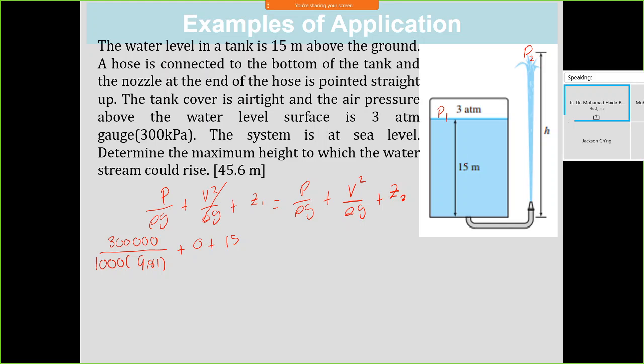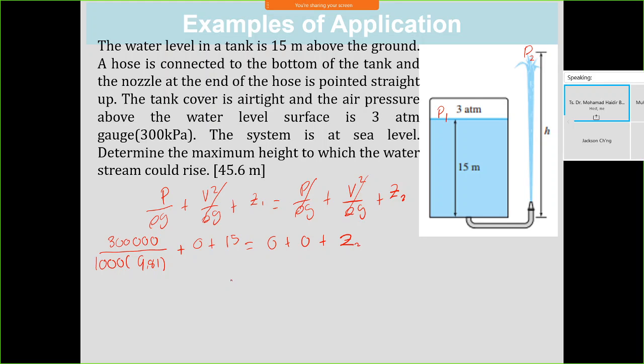You can assume 15 meter is the same as the height of a five level building, equal to point 2. At the maximum, P equal to 0, and velocity is also 0. 0 plus 0 plus Z2, this is what we're searching.